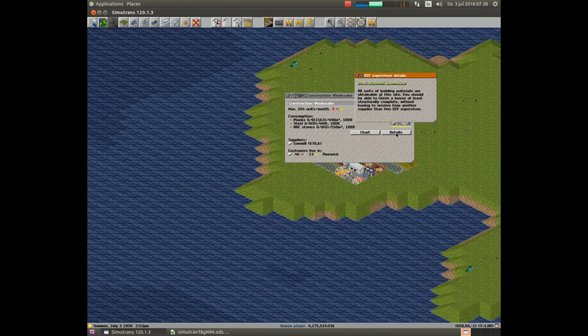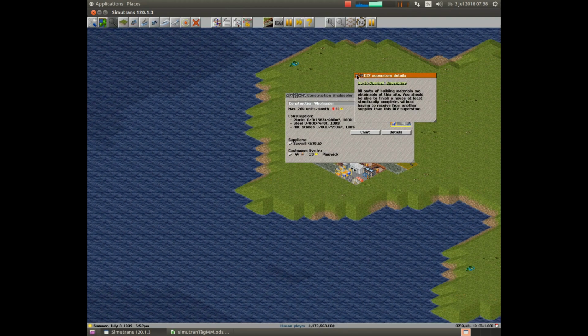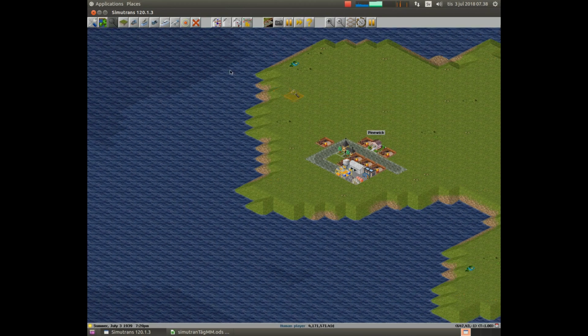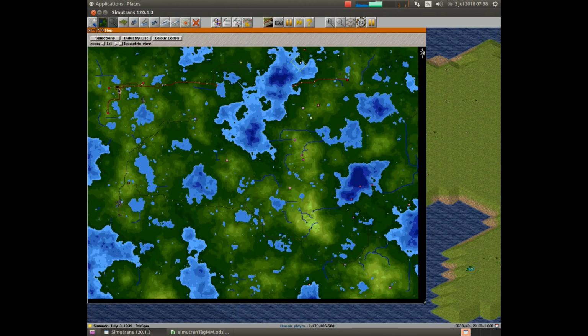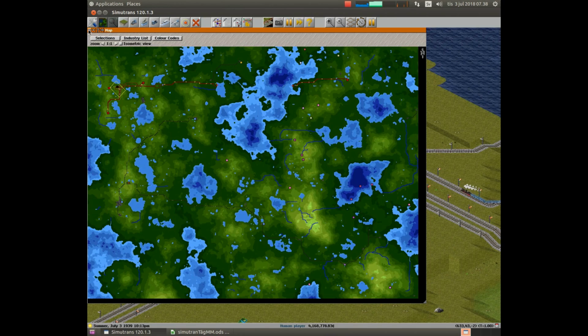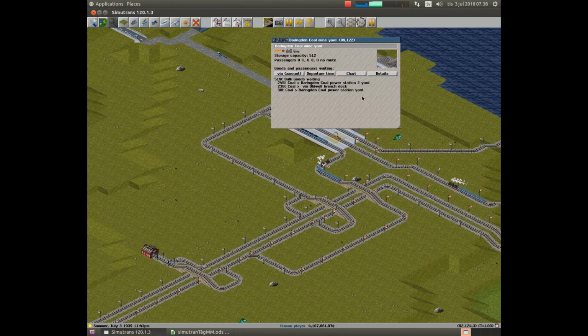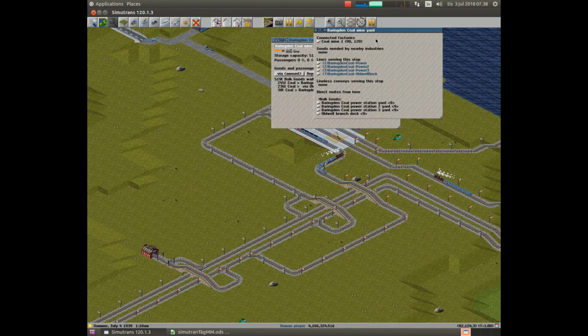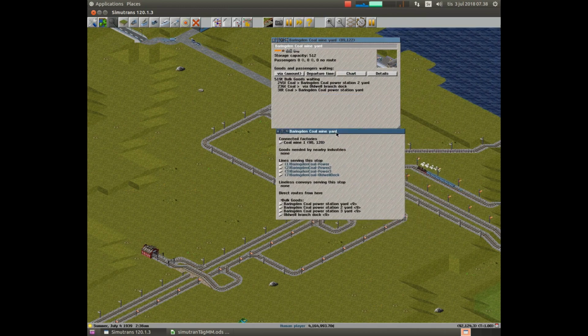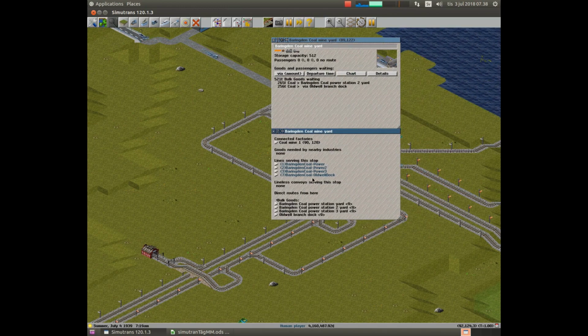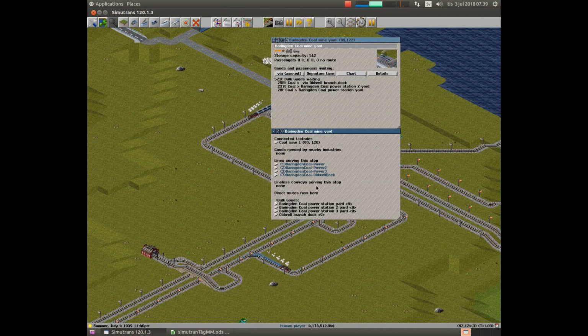That is quite uninteresting on a factory. But detail on a station is another story. So if you bring up the station and click on detail, yep. Here you see which lines are connected to this station, and you can see vehicles which don't have a line assigned to them.